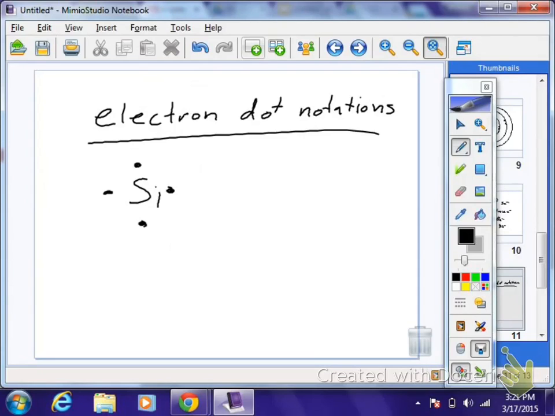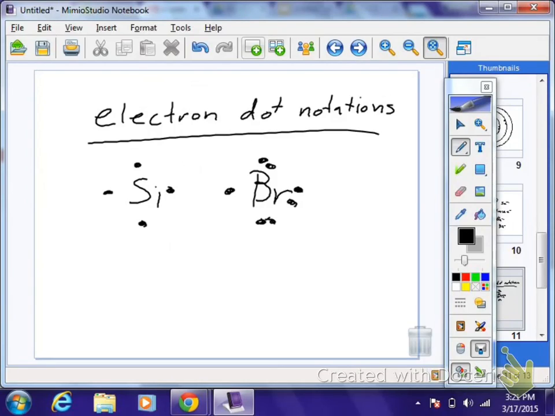You guys help me out with this one. Let's do bromine. How many valence electrons does bromine have? 7. 1, 2, 3, 4, 5, 6, 7. So that's what you're going to show: 7 dots.